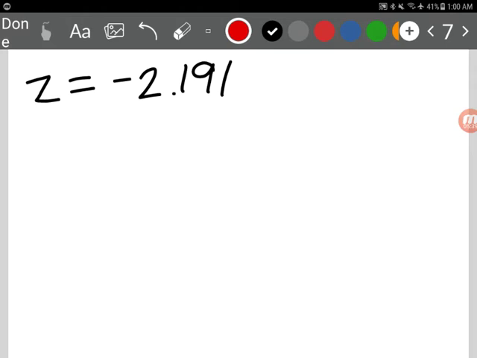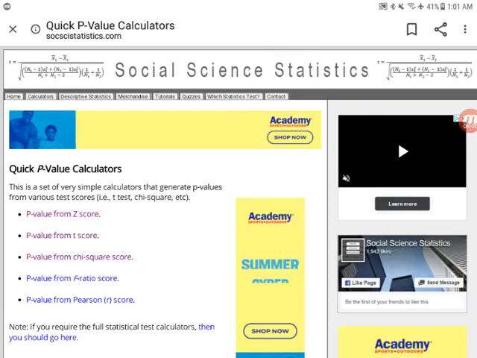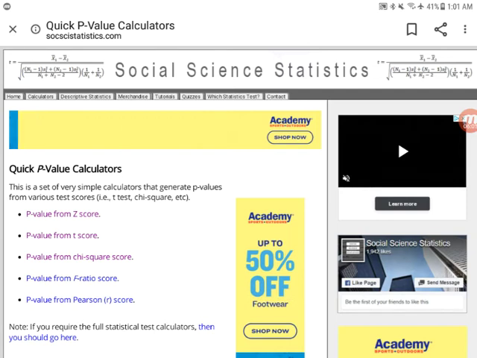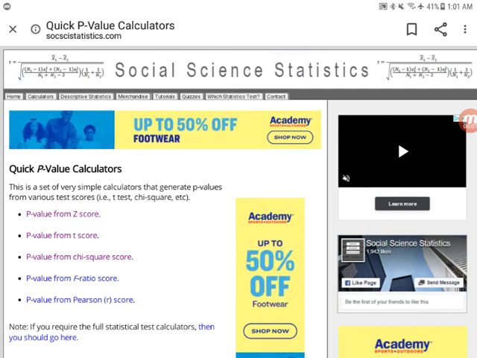So we want to know, is this in our rejection region? There are some other things you can do. You can find your Z critical values, and that's also in the back of your textbooks. Or we can go ahead and look at our generator and find out what our p-value is. I Googled the p-value generator and clicked on the very first link, and I want to click on p-value from z-score because we found our z-score.